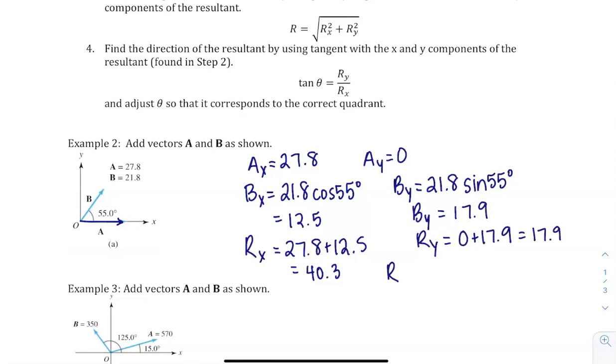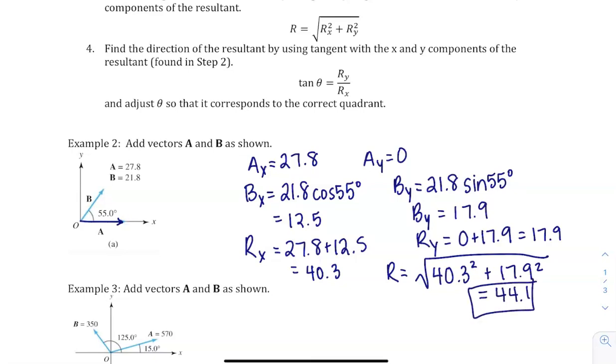And the overall magnitude of this vector is going to be the square root of the x sum squared plus the y sum squared. So the square root here of 40.3 squared plus 17.9 squared gives us the overall value of 44.1. To get our angle, I've kind of run out of room here, so I'm going to go back over to the left. The tangent of this angle is going to be the Ry, which we found 17.9, over the Rx, which is 40.3.